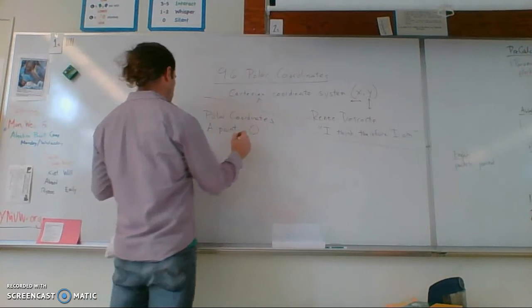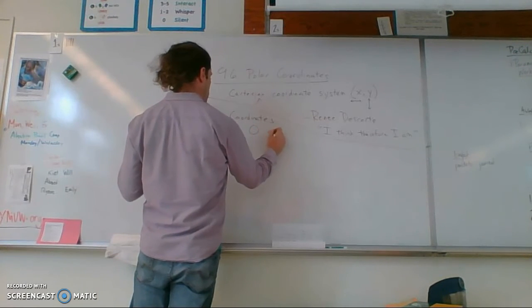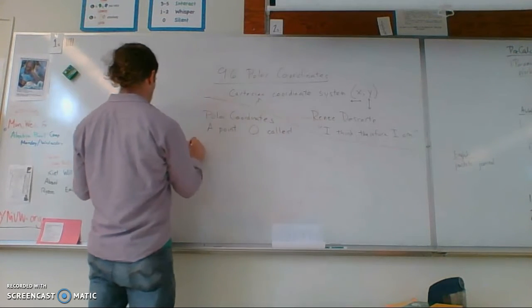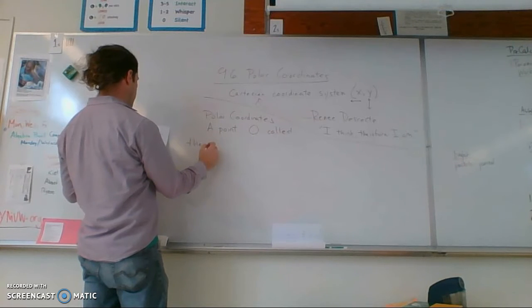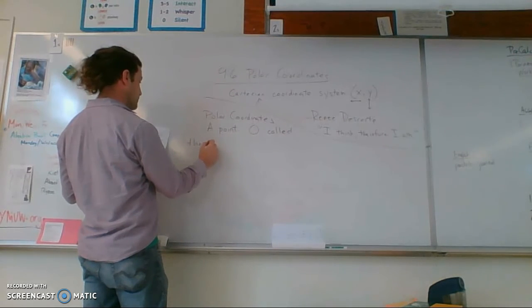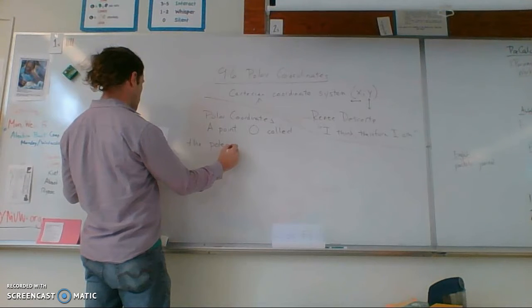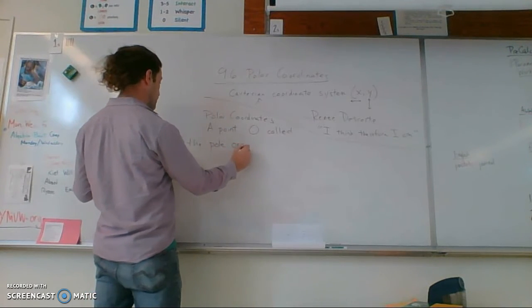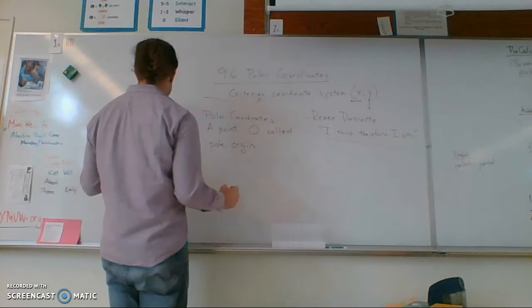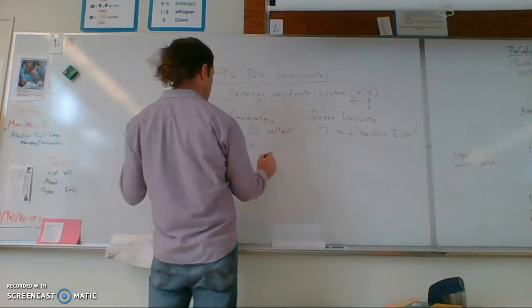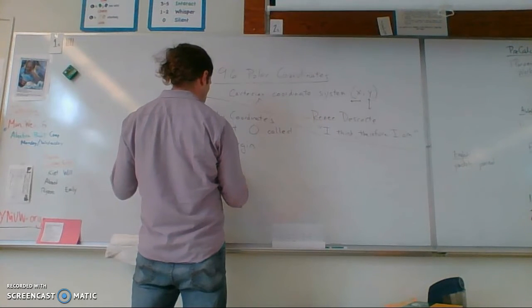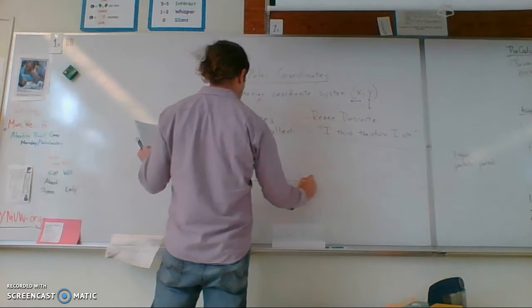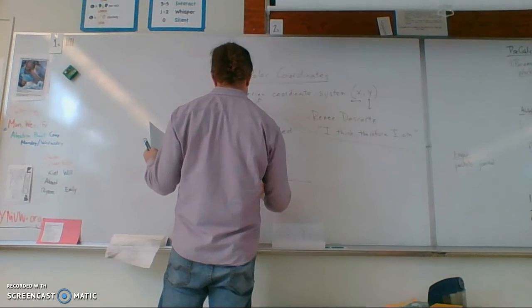A point O called the pole, origin, then has a ray coming out from it called the polar axis.